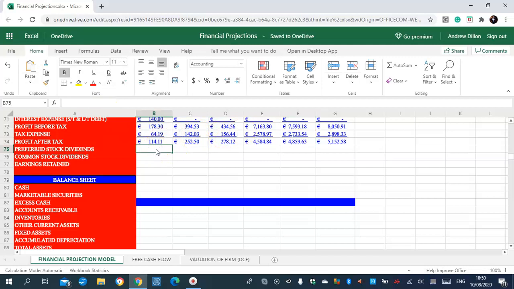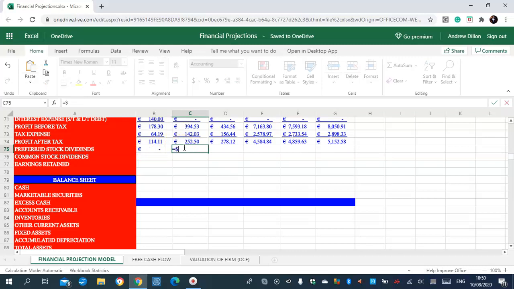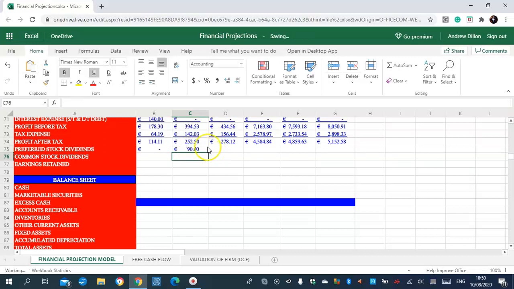Yeah, now let's go and calculate the preferred stock dividends. So far so good.